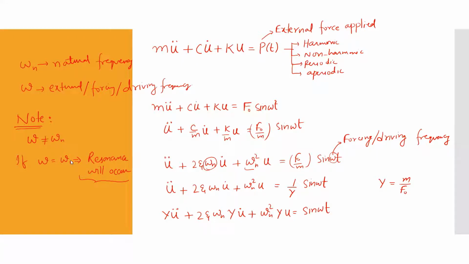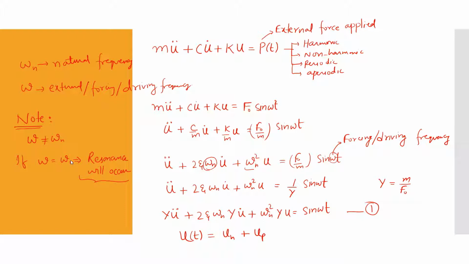Now we know that this equation is a second order differential equation, and we can solve it. Let us call this equation 1. Our total response would be u homogeneous solution plus u particular solution.